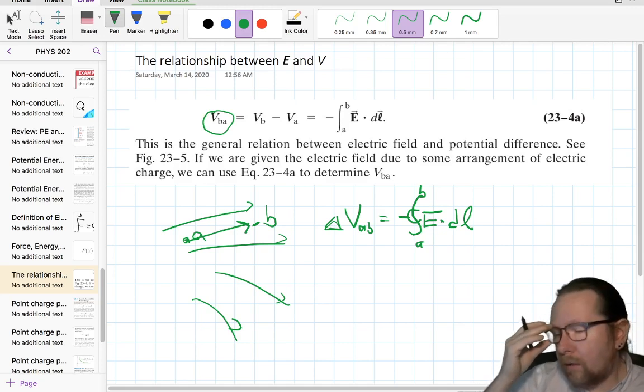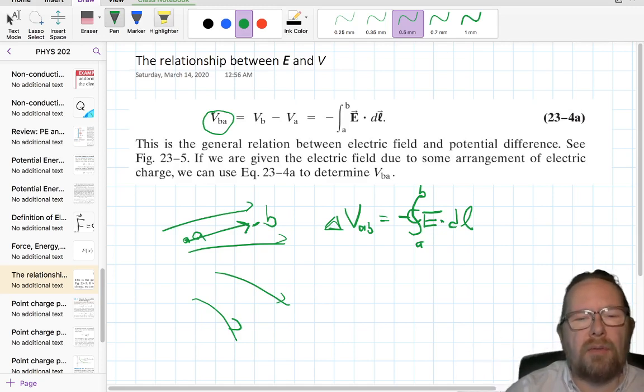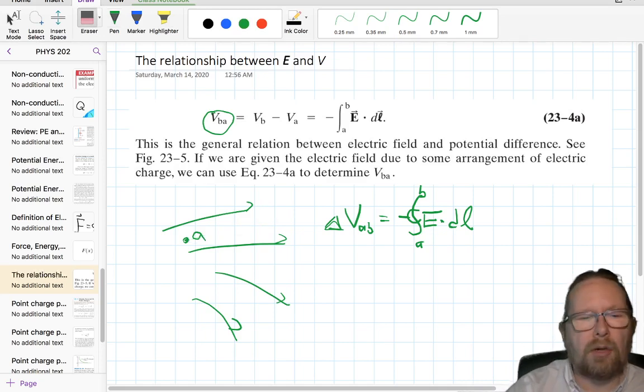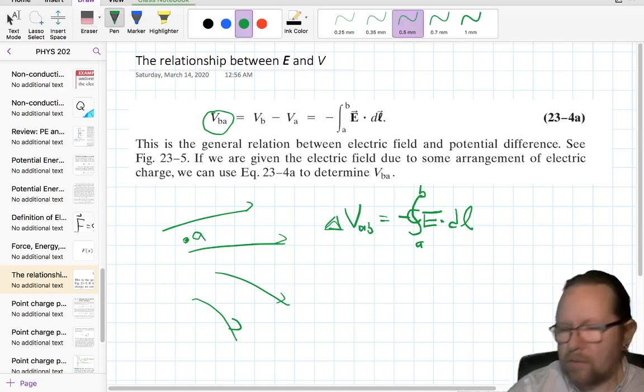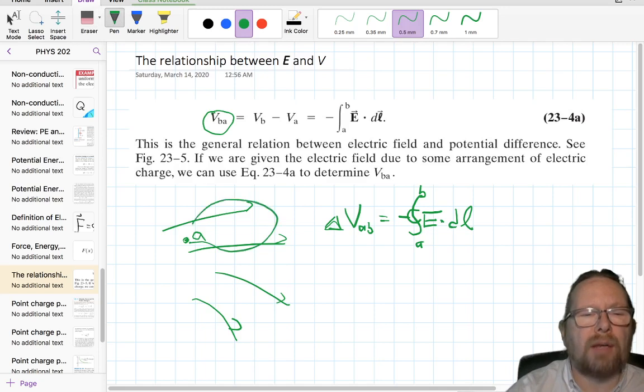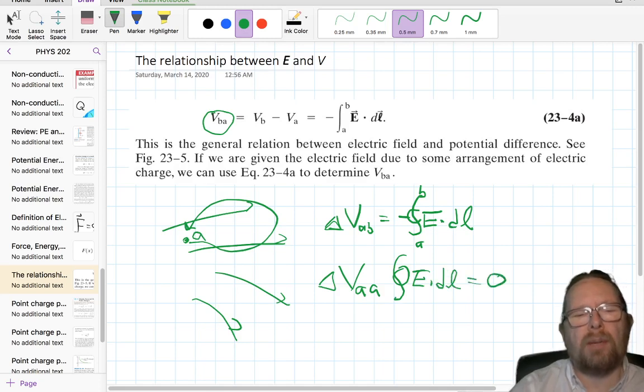A reminder of what we mean by conservative forces. If a force is conservative, that means if you integrate this integral through space on some kind of closed path that comes back to A, the change in potential from A to A over any closed path of E dot dl has to be 0. The potential only depends on position.